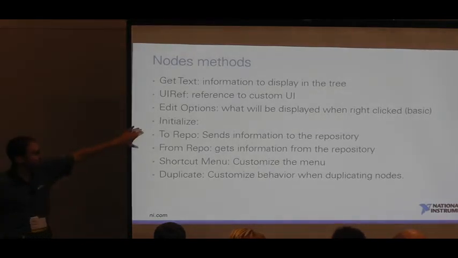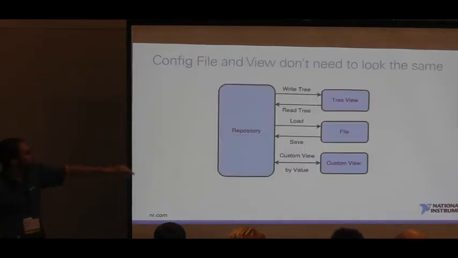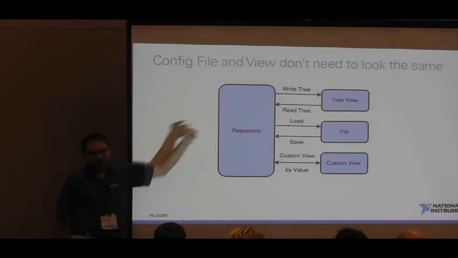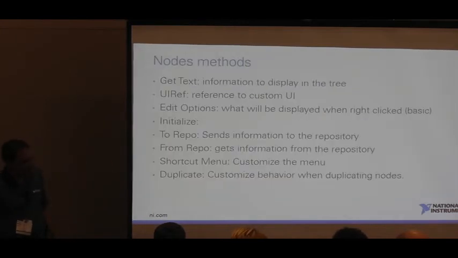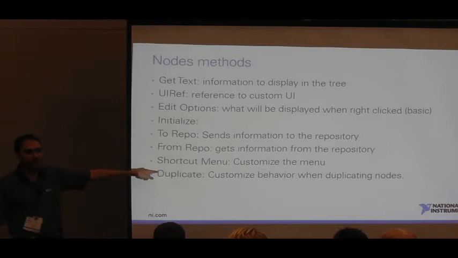To repo and from repo are basically the methods that are going to be called for sending and receiving the information from a tree node into the repository. Shortcut menu customizes when you right-click, what information is going to be displayed. And duplicate is, sometimes you don't want the same behavior when you click and duplicate a group or duplicate a channel. You can override how that happens. So let's go into a demo to start seeing how the code works.